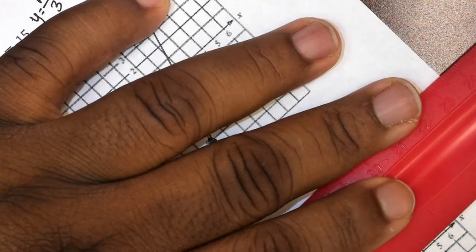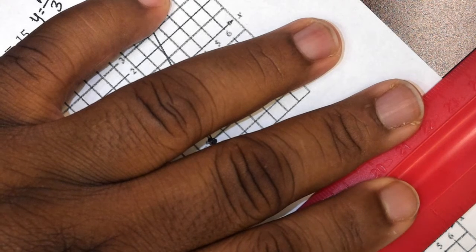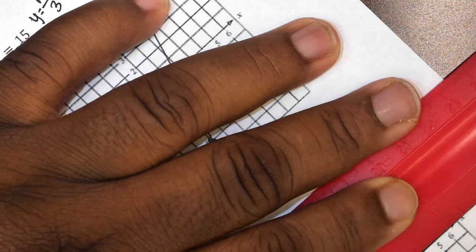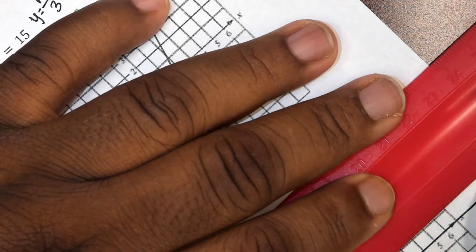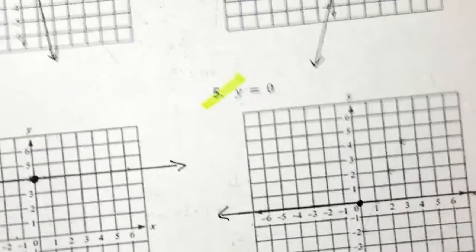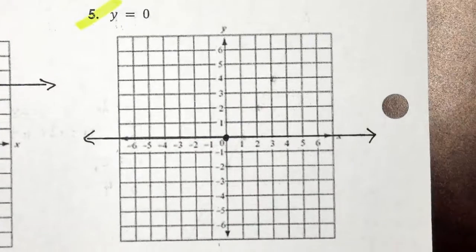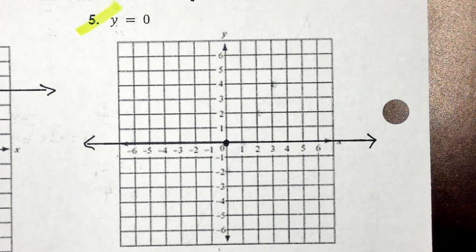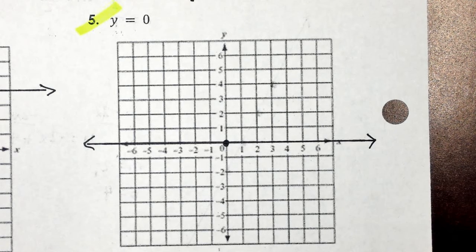Number 8 on the homework is x equals 0. It's asking for b. There is no b. Don't put anything. The line never touches the y-axis, so. Well, it's overlapping the y-axis. Oh, you know what that is? I think it's all real numbers.